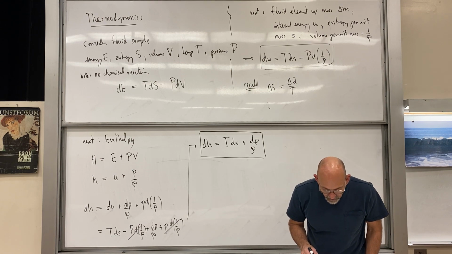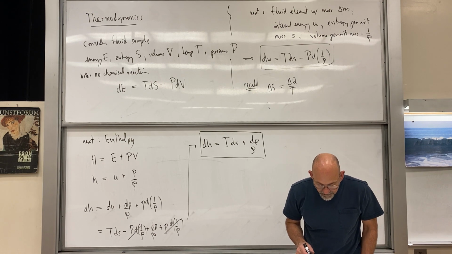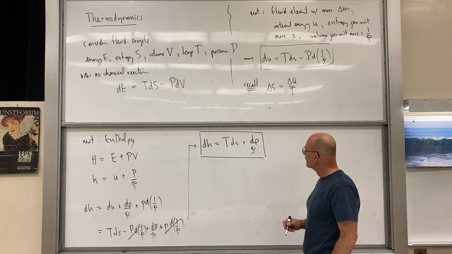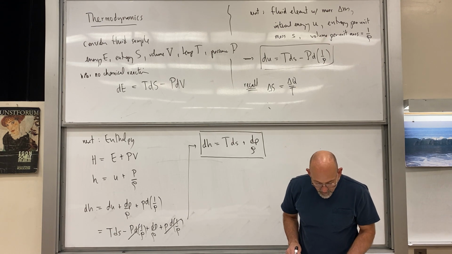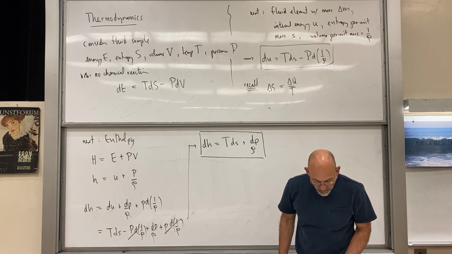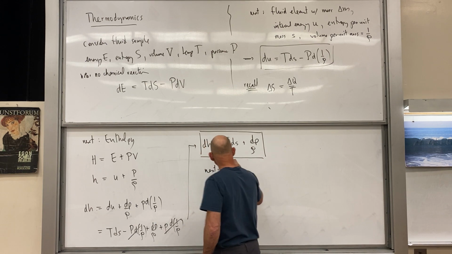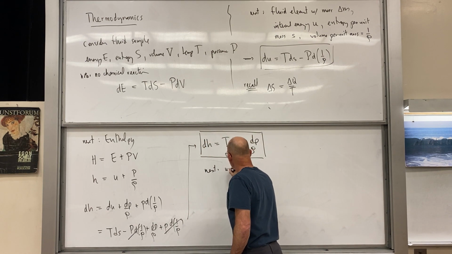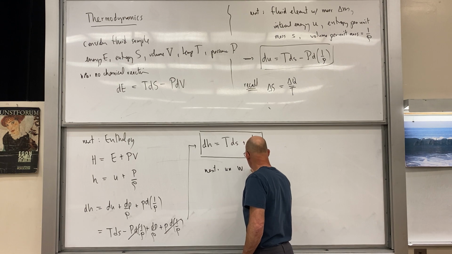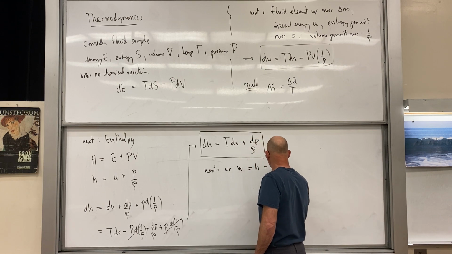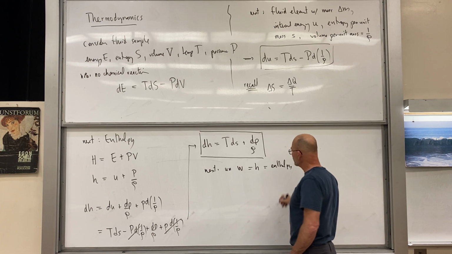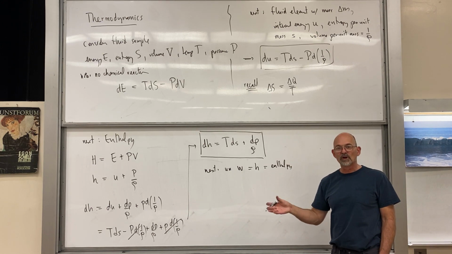Let's see, I have a couple of comments here. I changed the name of some of these letters, but I'm going to stick with what we have on the board now. Actually, next, I am going to change the letter. Use W equals H, enthalpy, simply because I'm working with the book by Landau.